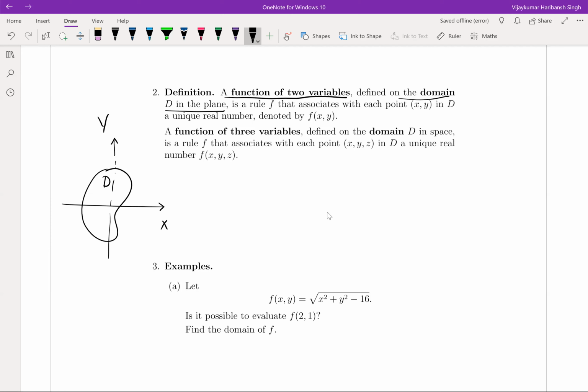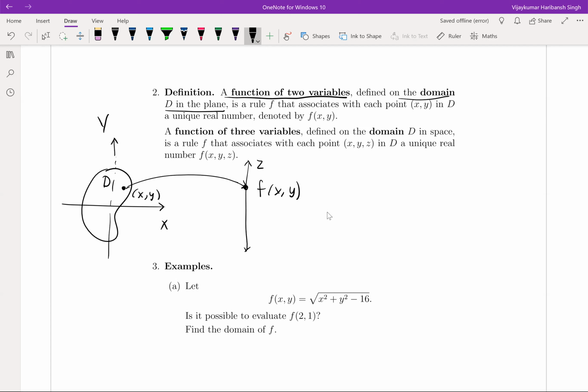And if you take any point here, you're associating that to a point in the set of real numbers. So x, y gets mapped to the point f of x, y.